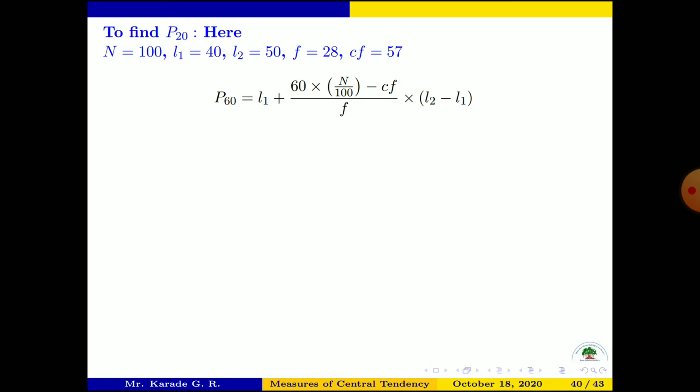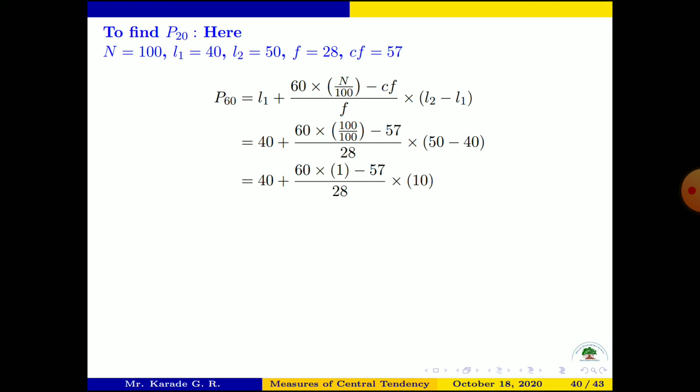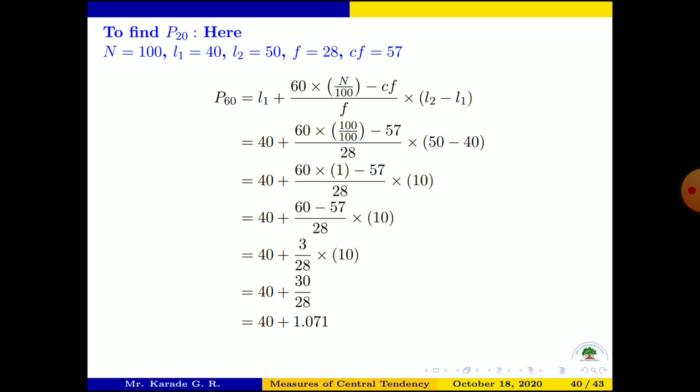So we put the values in P60. P60 is equal to L1 plus 60 into n upon 100 minus Cf divided by F into L2 minus L1, equal to 40 plus 60 into 100 upon 100 minus 57 divided by 28 into 50 minus 40. 40 plus 60 into 1 minus 57 divided by 28 into 10. 40 plus 60 minus 57 divided by 28 into 10. 40 plus 3 divided by 28 into 10. 40 plus 30 upon 28, and in the next step that is 1.071.